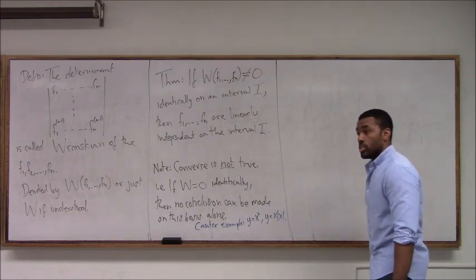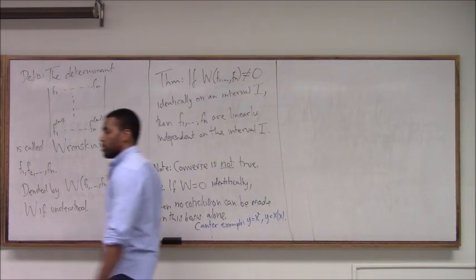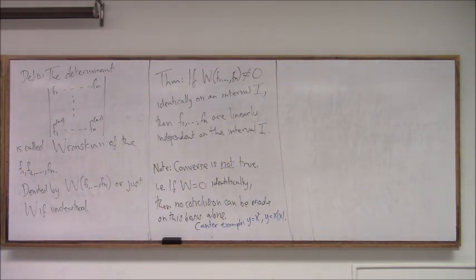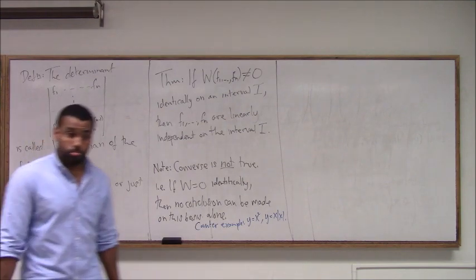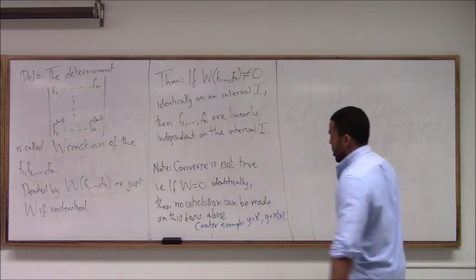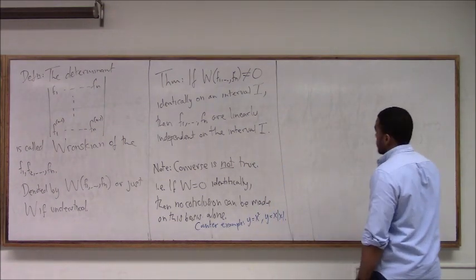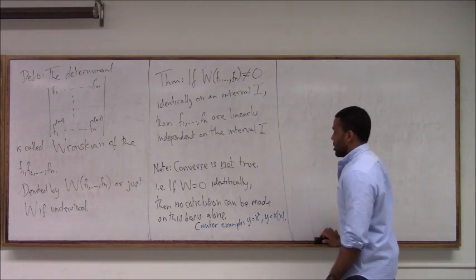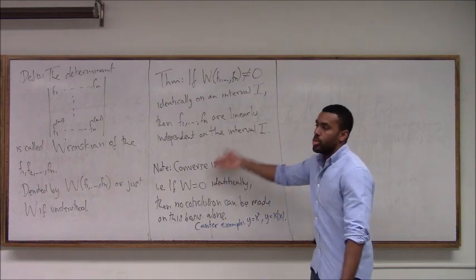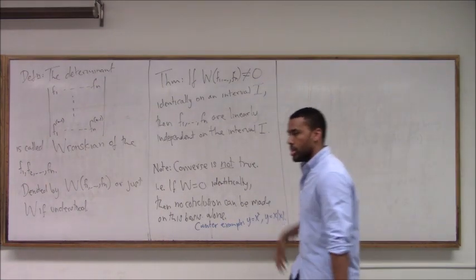Turns out that the Wronskian of those two functions will always be 0, but they're actually independent on any interval that contains 0. So you can't say that if the Wronskian is 0, they're definitely dependent; it could be independent.